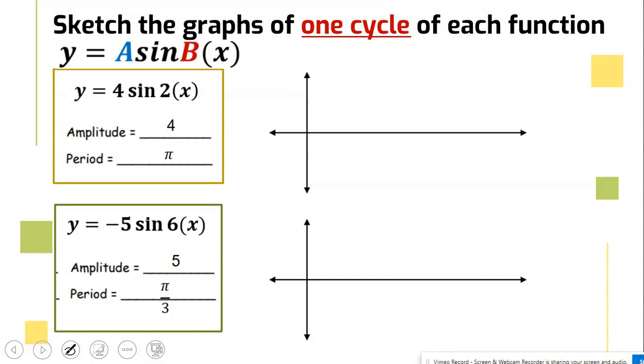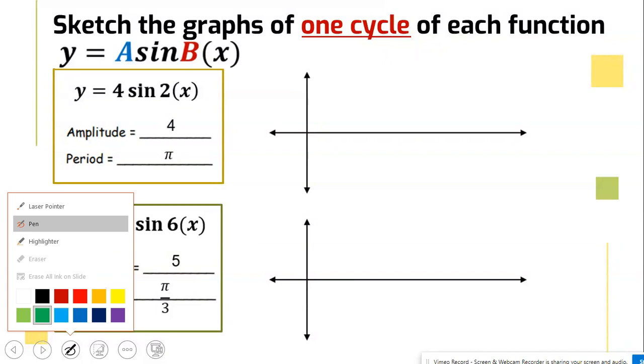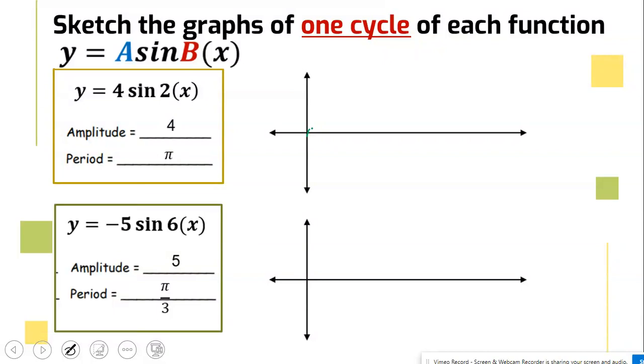You're absolutely going to have to label the x-axis, and you're absolutely going to need to label the y-axis. The sketch can be as simple as this, start at 0 and end, but you have to label. You can't just leave it like this. You leave it like this, you're not getting any points, okay?